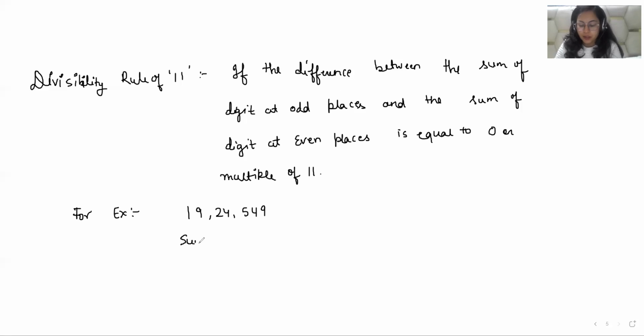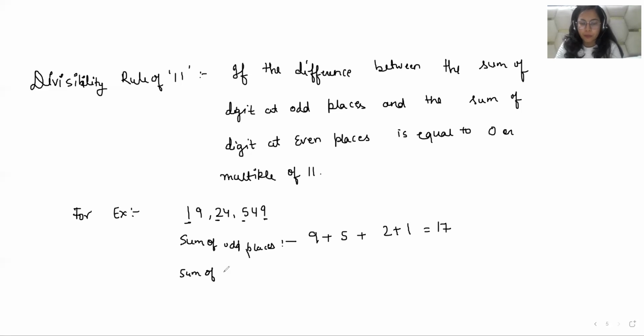Sum of odd places. This is, this, and this. So 9 plus 5 plus 2 plus 1 is 17.